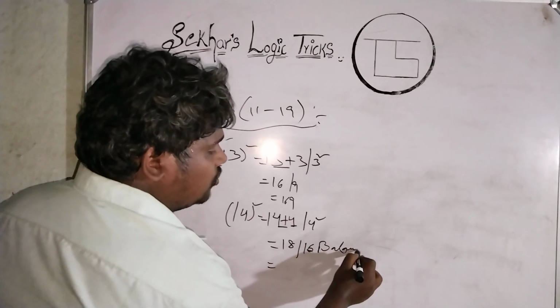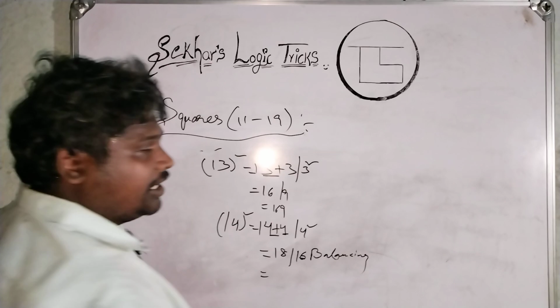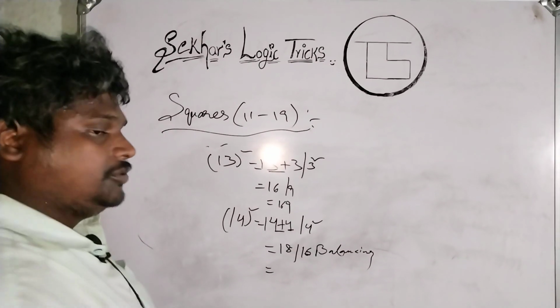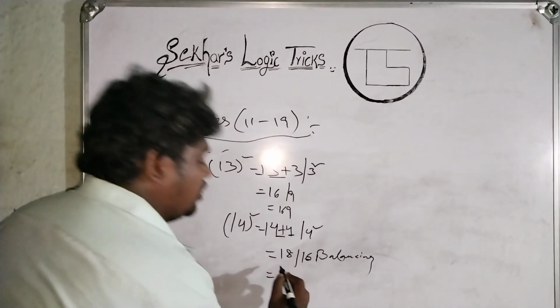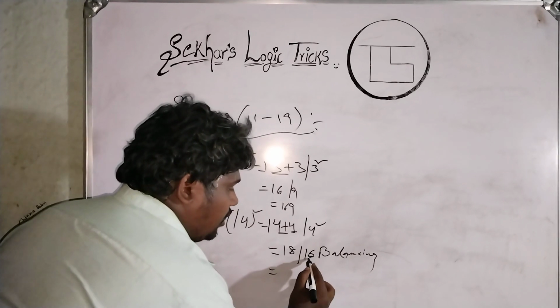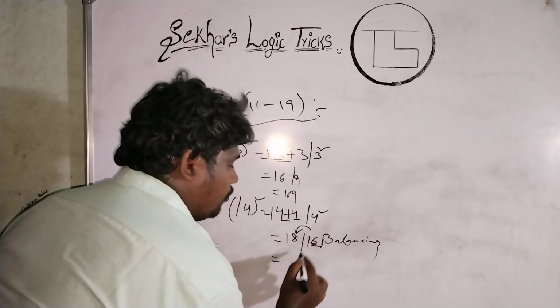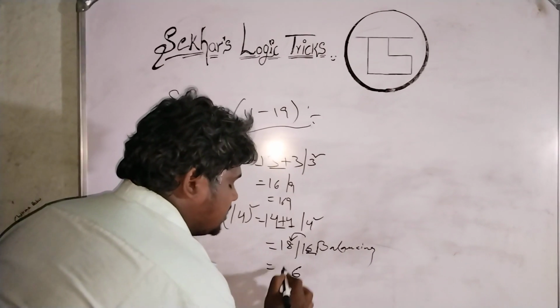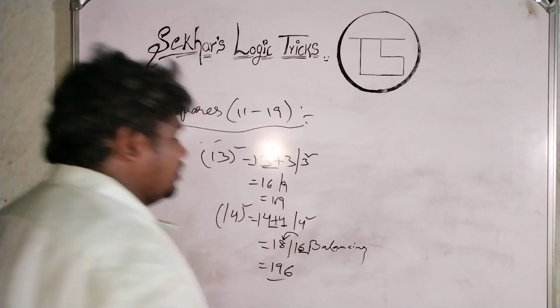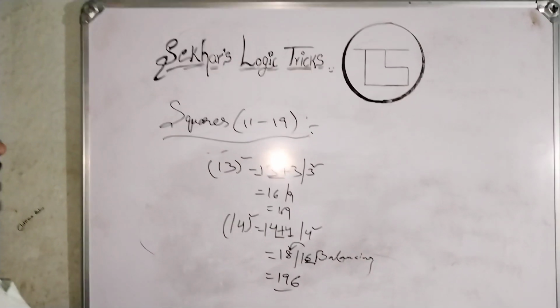The balancing rule video is in our playlist on our channel, please watch it. Place this value with a bar over it: 1 plus 8 is 9, so 196. 196 is the 14 square answer.